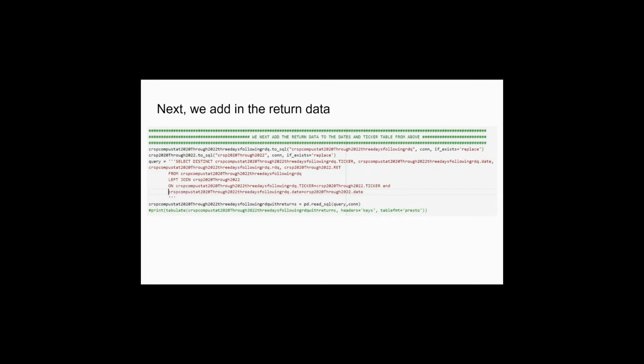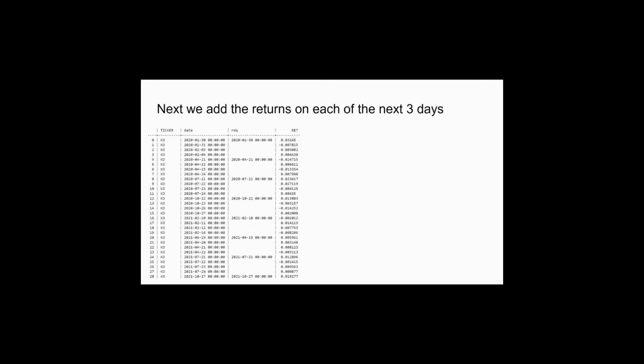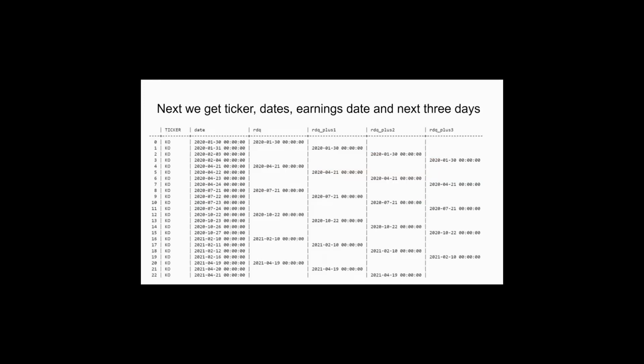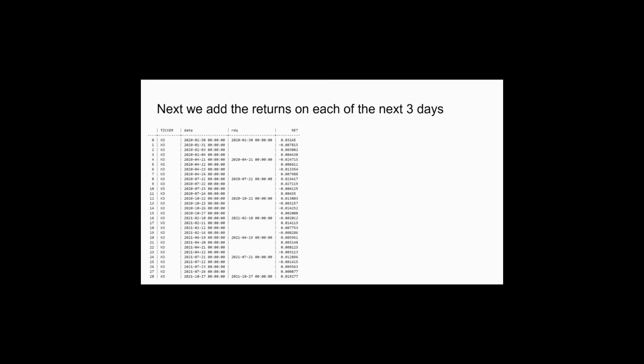If you have any questions on left joins, please watch my video on how left joins work. Sure enough, we now have the return data. We only kept the ticker column, the date column, the RDQ column, and the return column. We didn't keep RDQ plus 1, RDQ plus 2, RDQ plus 3. We dropped those and just merged ticker, date, RDQ, and return. That's what you see here.